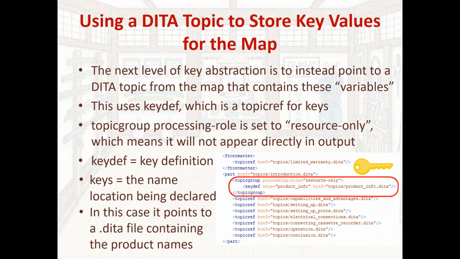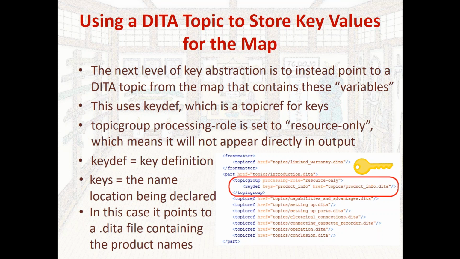From the standpoint of DITA inheritance, keydef is directly inherited in the DITA model from topic ref. So in effect, topic ref is its parent, and keydef is a specialized form of it. In this case, if you're wondering, keydef is essentially a key definition, and keys is essentially the name of the location that is being declared.